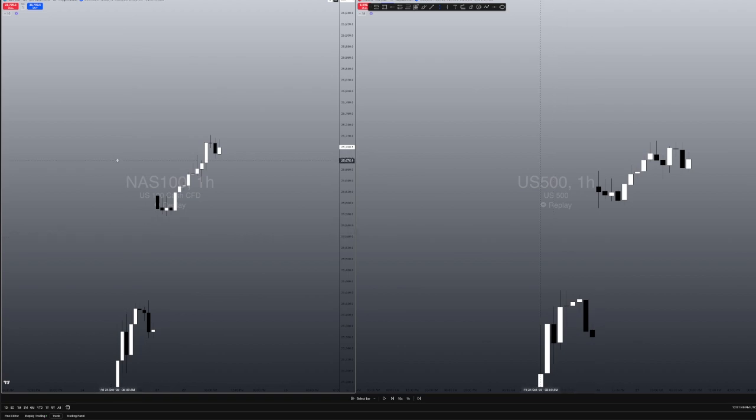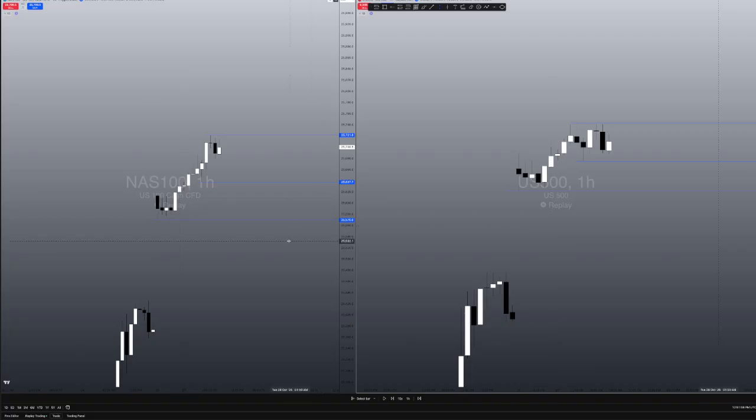I like marking the lows and the highs, or areas of liquidity. I already marked it. We do have highs and lows both in US 500 and NAS 100. And as you can see, we have low, high, low, low, and then a high. It looks like we are uptrending, but the market hasn't opened yet.